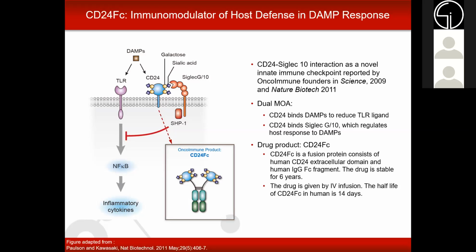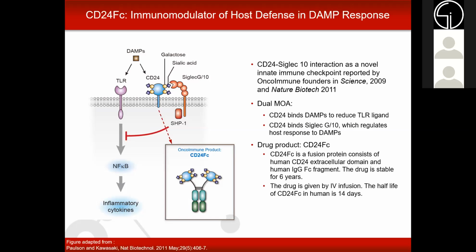CD24Fc is a product of the OncoImmune company. This is a CD24 fusion protein made by the CD24 extracellular domain fused to the human IgG Fc domain, which makes it soluble, so you can give it to humans as a drug by IV infusion. The mechanism of action is really twofold.